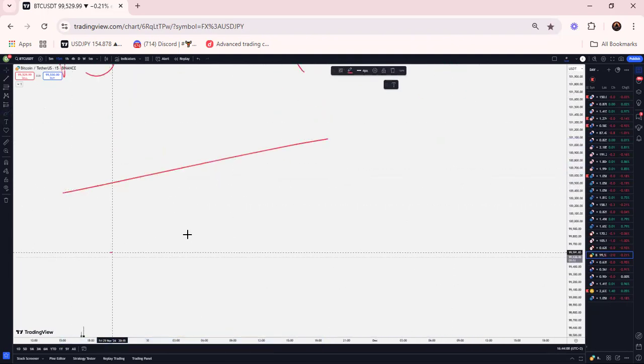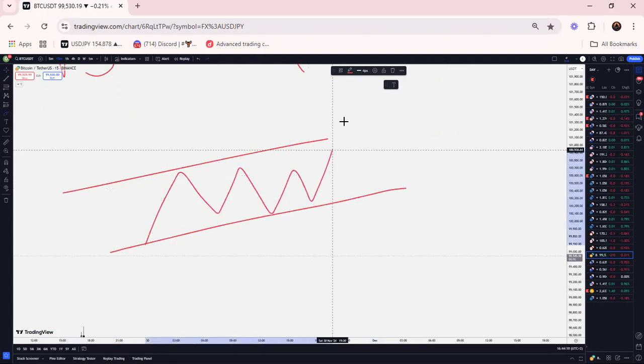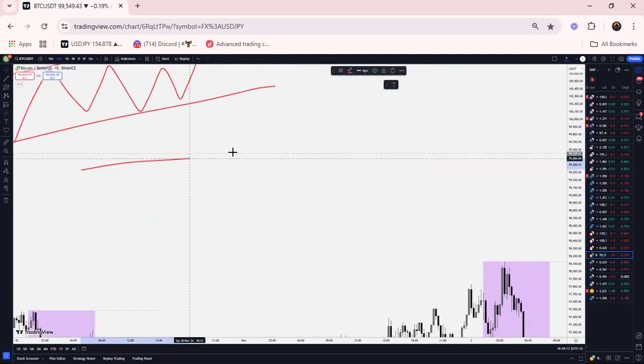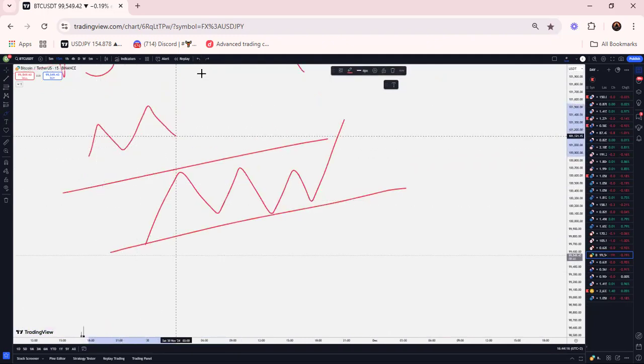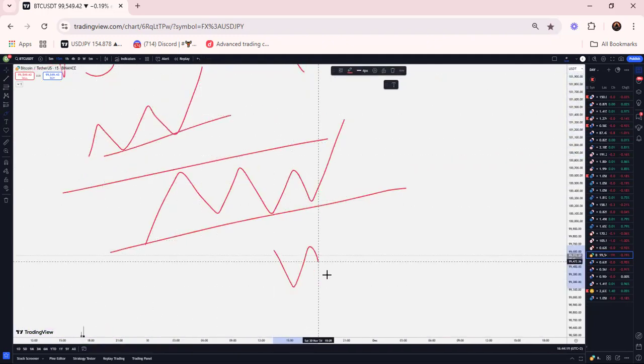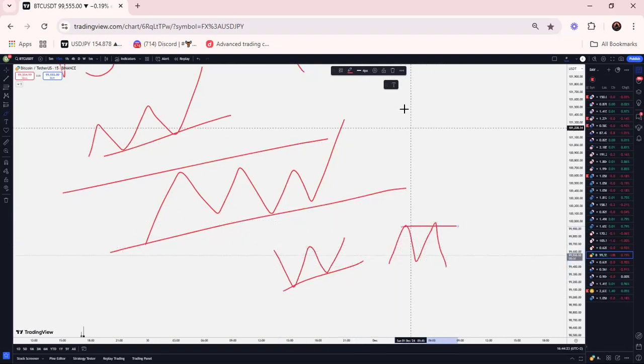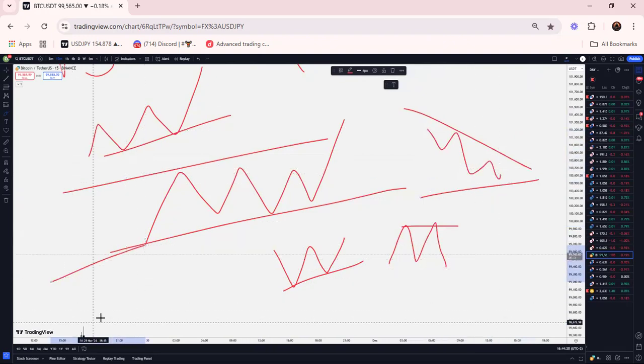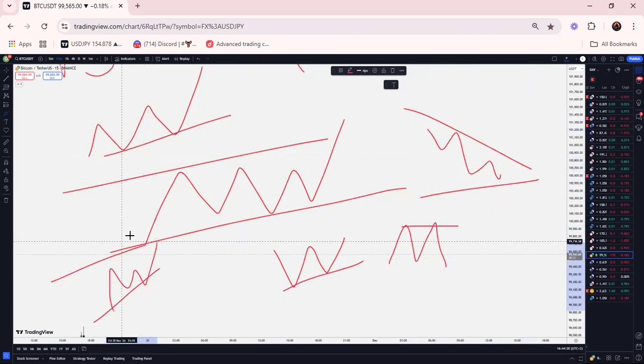Build up always can be a channel or can be a trend line, can be equal lows, can be equal highs, can be a retail pattern like that, triangle here or wedge, any pattern of build up liquidity.